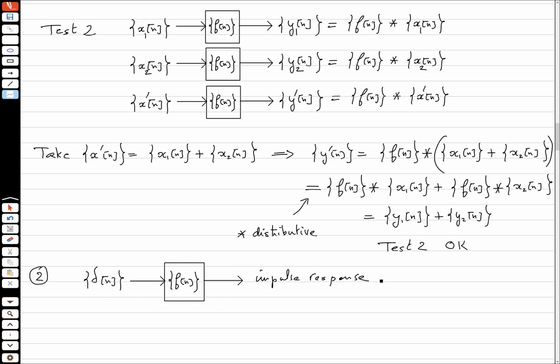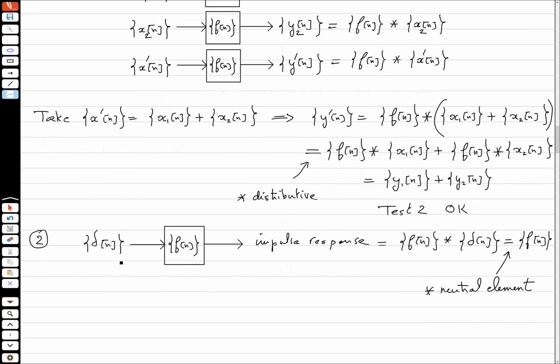But by definition of the system, it is f of n convolved with delta. And what do you say now? Why? Neutral element. So the impulse response is equal to f of n. Done.